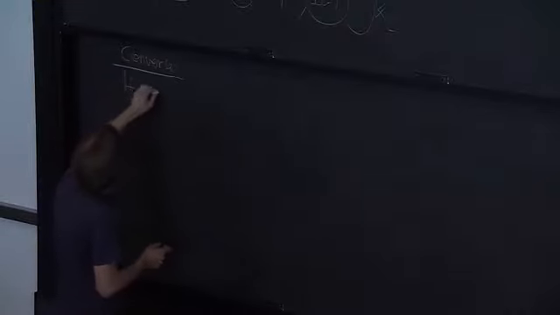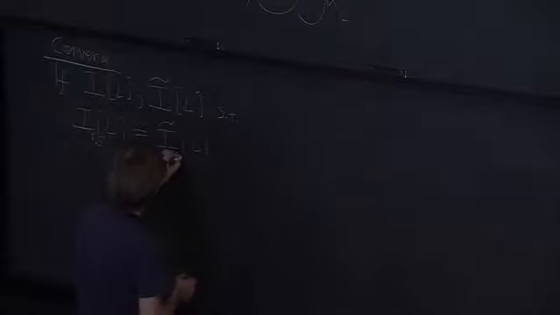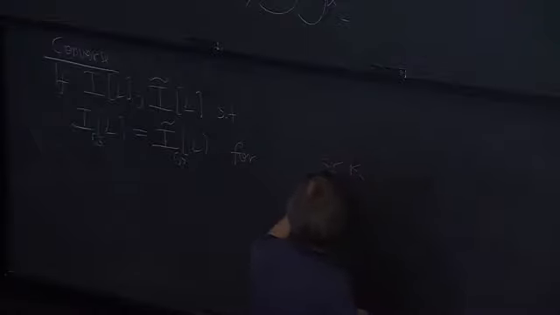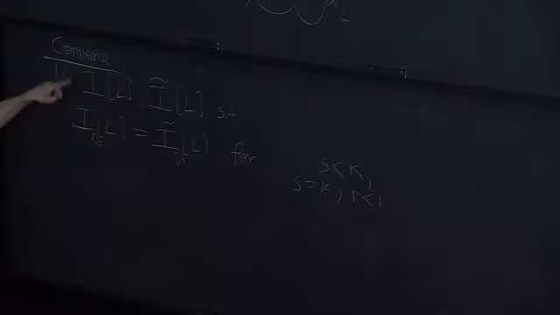So for the converse, suppose we have I of L and I tilde of L such that I of L at order S equals I tilde of L at order S for S less than K. Suppose we have two collections of theories which agree up to some order in h bar and some number of external lines.